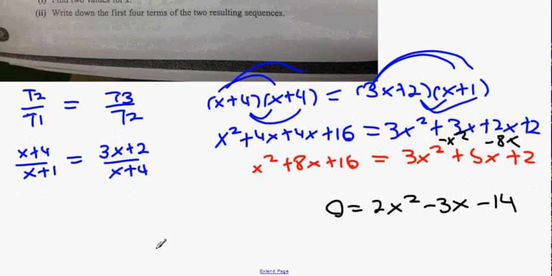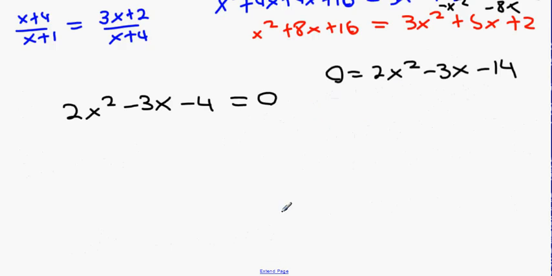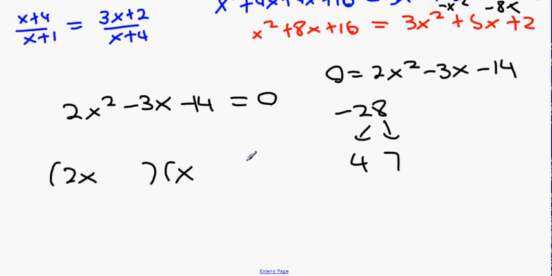Okay, look at these numbers now. Here is basically your equation. Just do this two ways, alright? So the reference number is minus 28, because 2 times minus 14 gives you minus 28. What two numbers multiply to give you minus 28? Well, it's going to be 4 and 7. So we've got 2x and x in here. Now 2x has to multiply by a number to give you the 4, which is going to be 2.